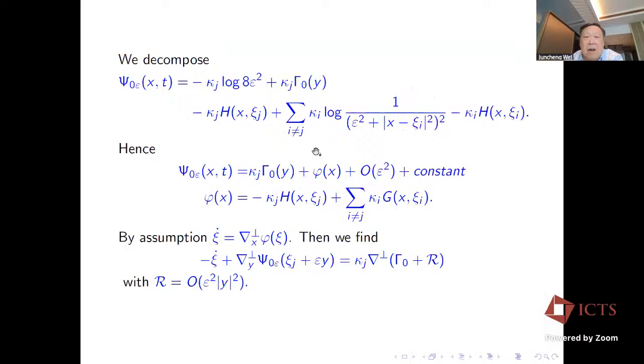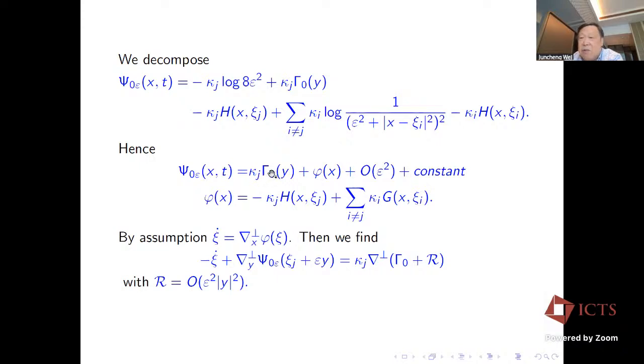Okay, now we decompose the elliptic part, and we know that near the singularity, the stream function will be like gamma 0.